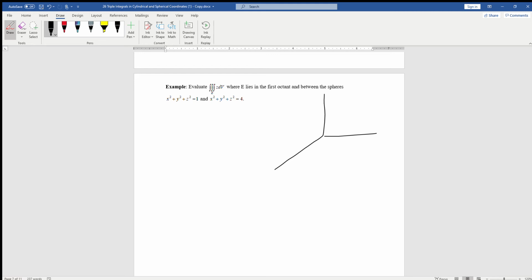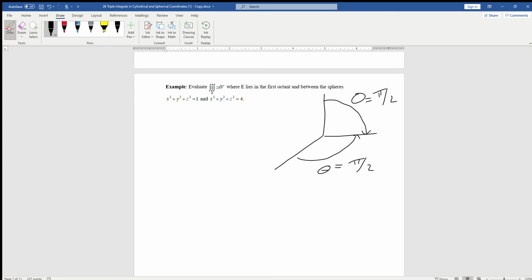So in the first octant, this is theta. Okay, and clearly theta is going to range from 0 to pi halves. Also, phi in the first octant is going to range from 0 to pi halves. Okay, so that's our phi.